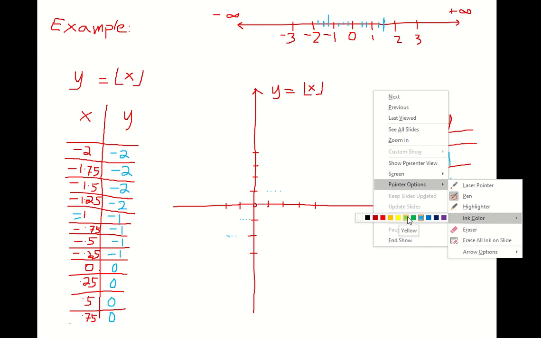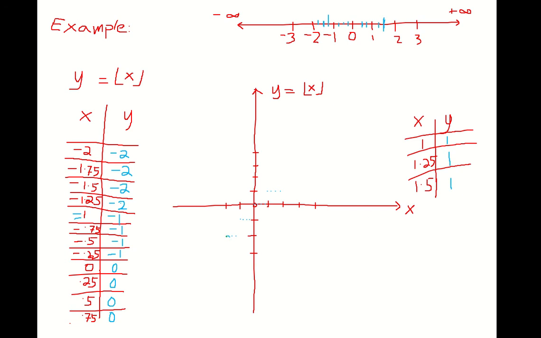Let's use another color, the green color. So this is just a straight line, with emphasis that this point here is a solid one, and this is a hollow one. And this is also a straight line with a solid part here, and this is a hollow one here.